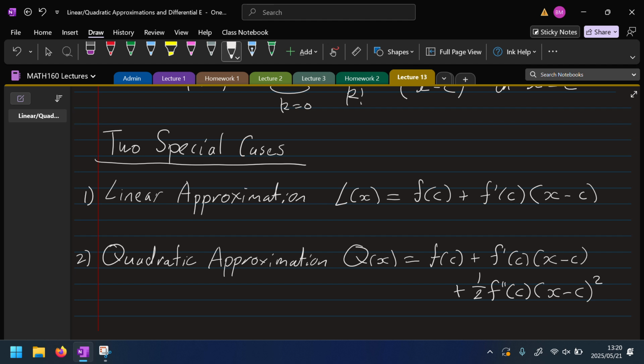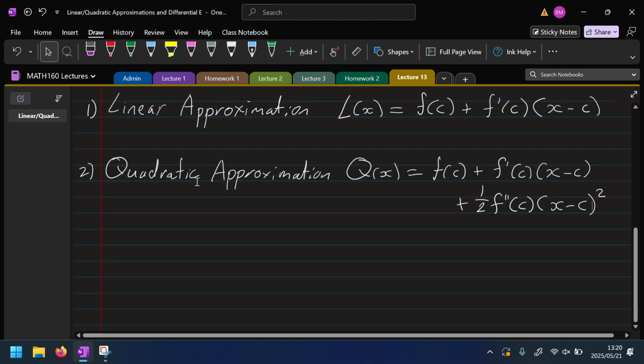These are the two special cases that we're going to be looking at. Of course, we still have the general case. We can do cubic, we can do to the power 4, and so on. But most of the time, we're going to be looking at these two special cases: the linear approximation, where we only go up to n equals 1, and the quadratic approximation, where we go up to n equals 2.